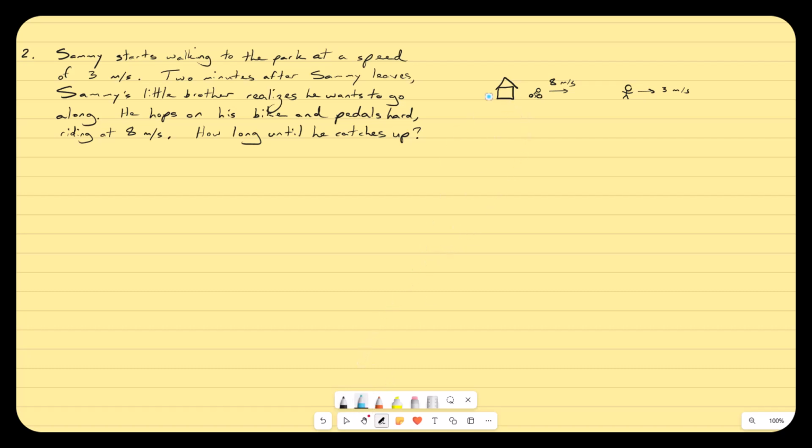I will call home the origin. This is my x equals 0. And I'm going to say that to the right will be my positive x-axis. So then I want to set up x initial, x final, v, and t.